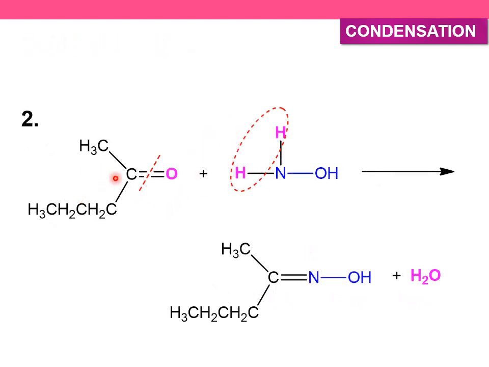Question number 2, we are reacting a 1, 2, 3, 4, 5, a pentanone with hydroxylamine. So we are going to form an oxime over here whereby this carbonyl compound part is going to be attached directly to the end of the hydroxylamine which lost its 2 hydrogen atoms. The byproduct will be water.